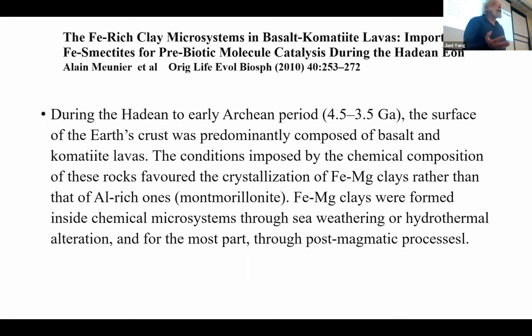This is of interest because when you look at the stuff that they found on Mars, the clays broke up into continental, sedimentary, and layered. And it was the crustal ones that were iron and magnesium rich.